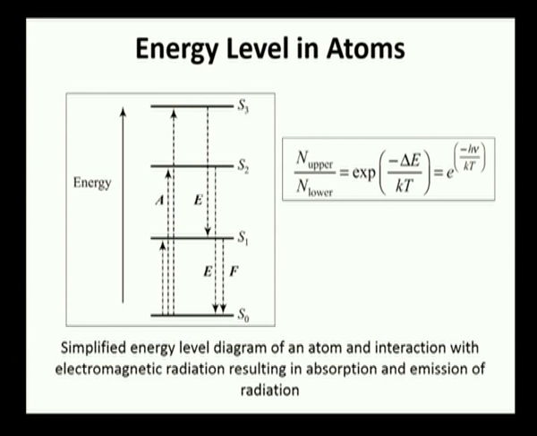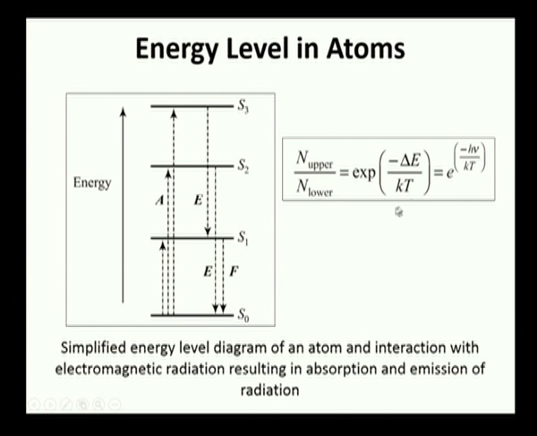Now in the last lecture you should be remembering delta E is equal to h nu, where h is the Planck's constant and nu is the frequency of the radiation. So therefore this equation can be rewritten as exponential of minus h nu by kT, where h is the Planck's constant and nu is the frequency.